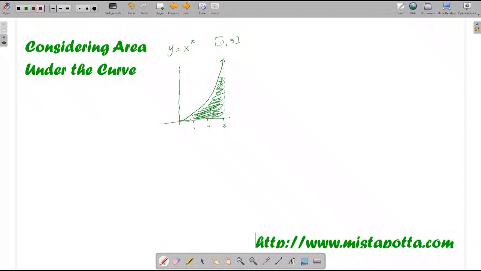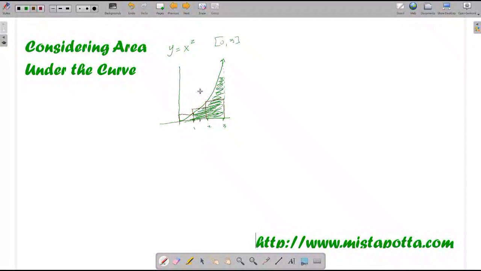I could set up my rectangles using the right endpoint of a curve, or the left endpoint of a curve, or the midpoint, and determine the area based on that.